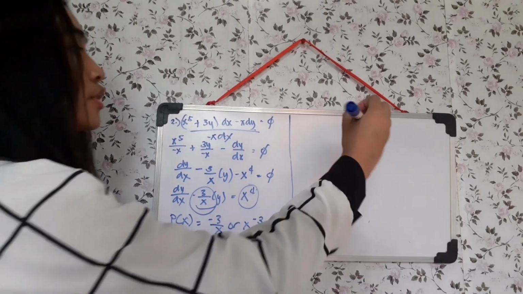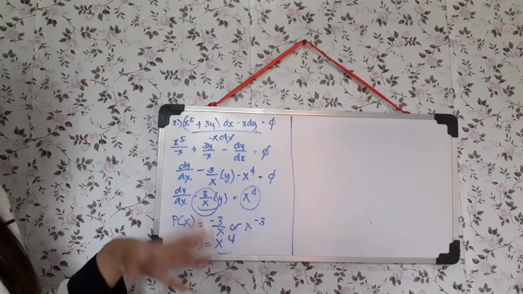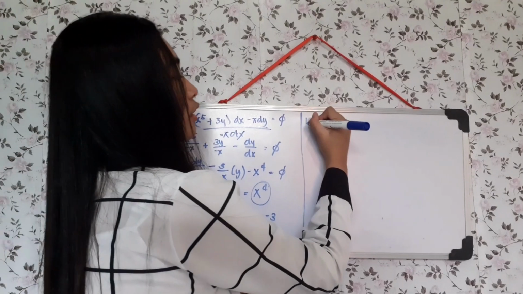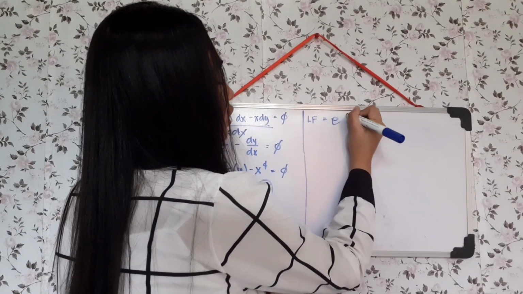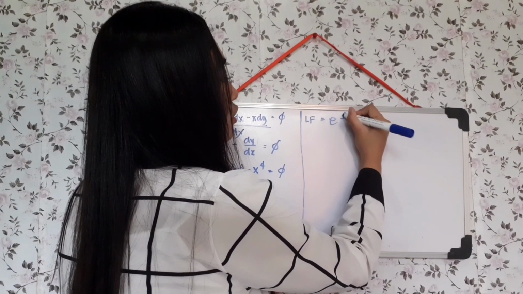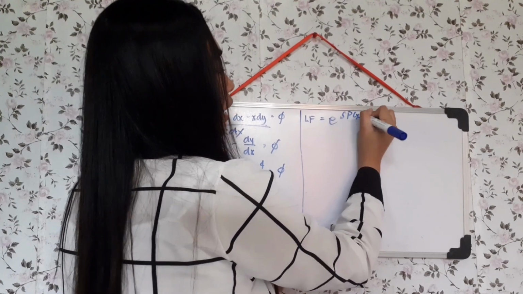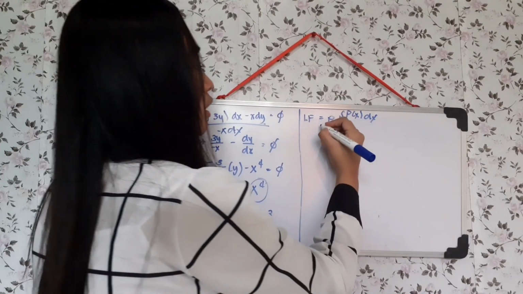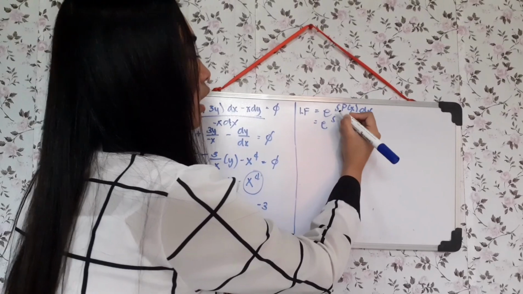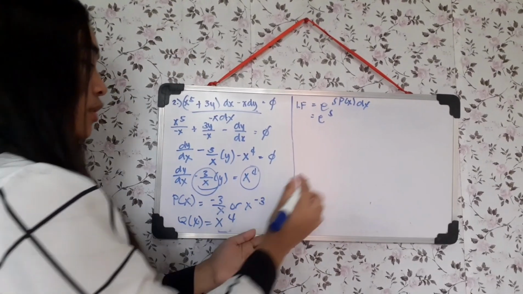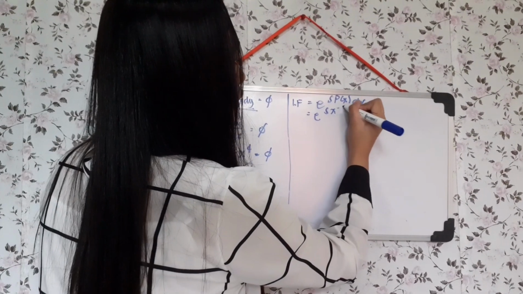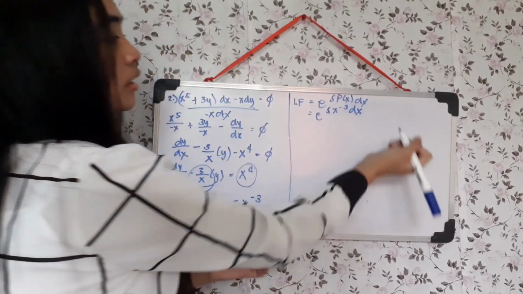Now, after getting the p of x and the q of x, proceed to the integrating factor, which is equal to e raised to the integral of p of x dx. Then substitute: e raised to the integral of negative 3 over x dx.